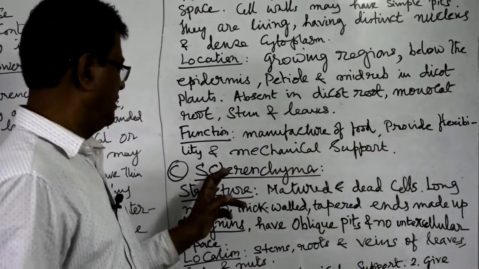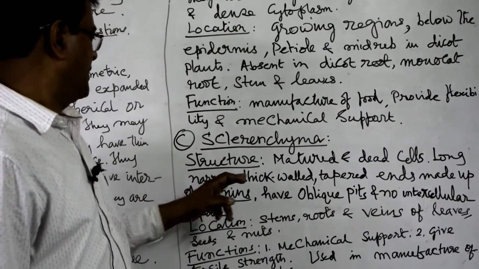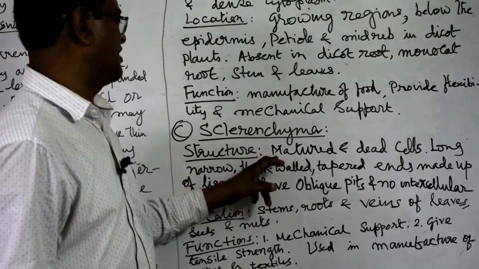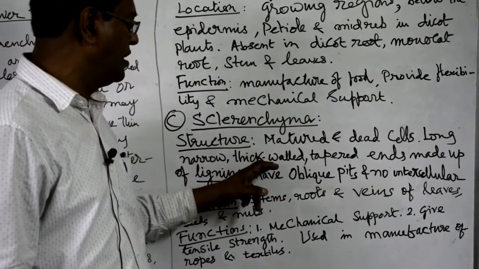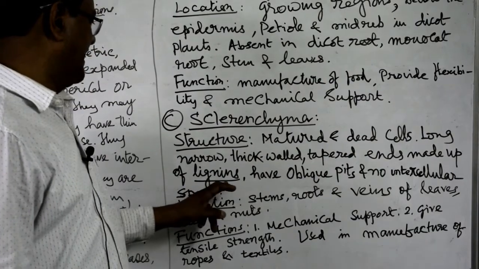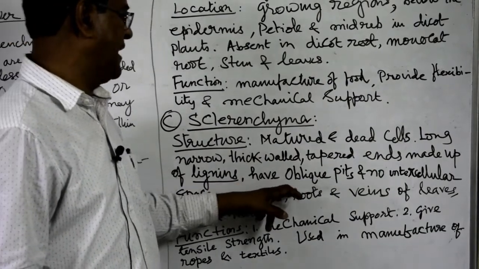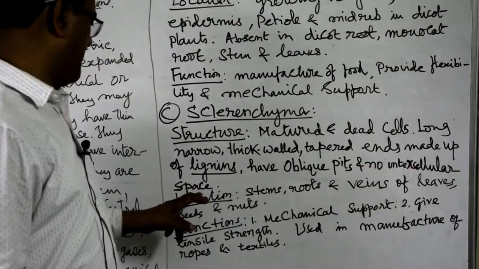Coming to sclerenchyma. The answer: the structure is mature and dead cells, long, narrow, thick-walled with tapered ends, made up of lignin, having oblique pits and no intercellular space.